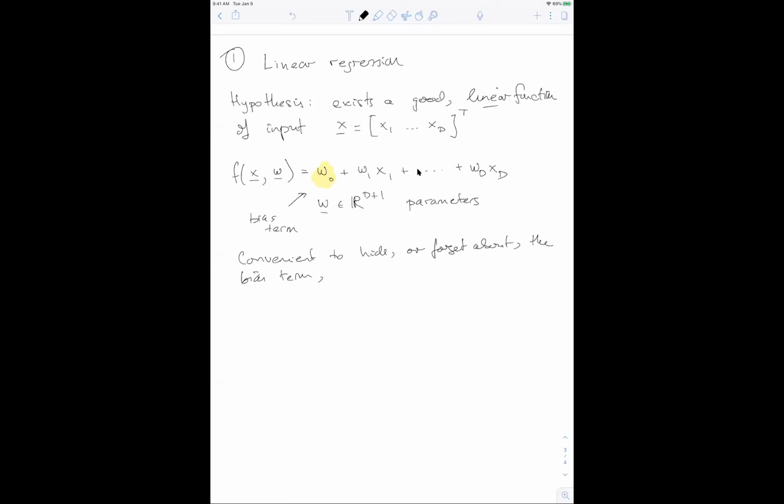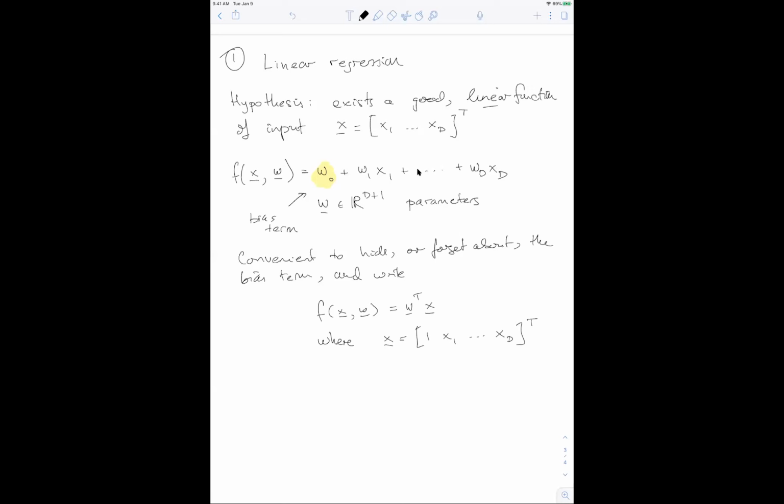What I mean by that is that I'm going to be willing just to write the following. I'm going to be willing just to write this all as an inner product between the weight vector and the x vector. Okay, so what happened to the bias term? Well, I can handle that just by bringing a 1 into my x vector.